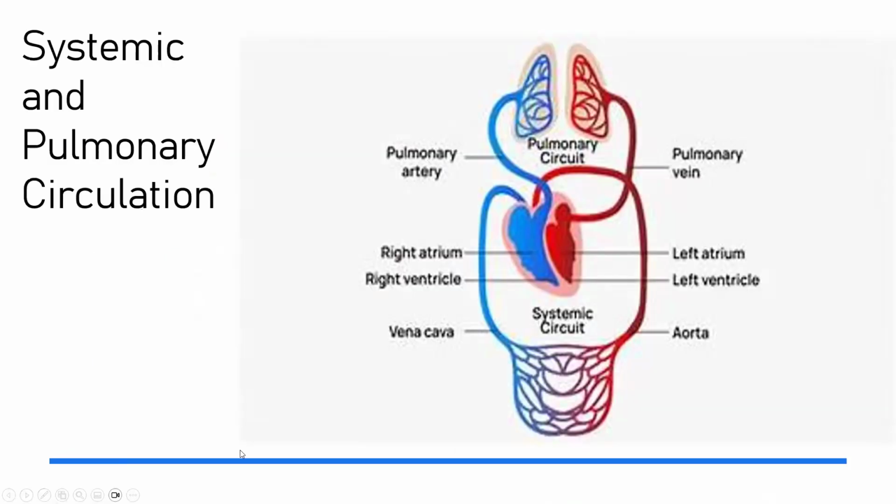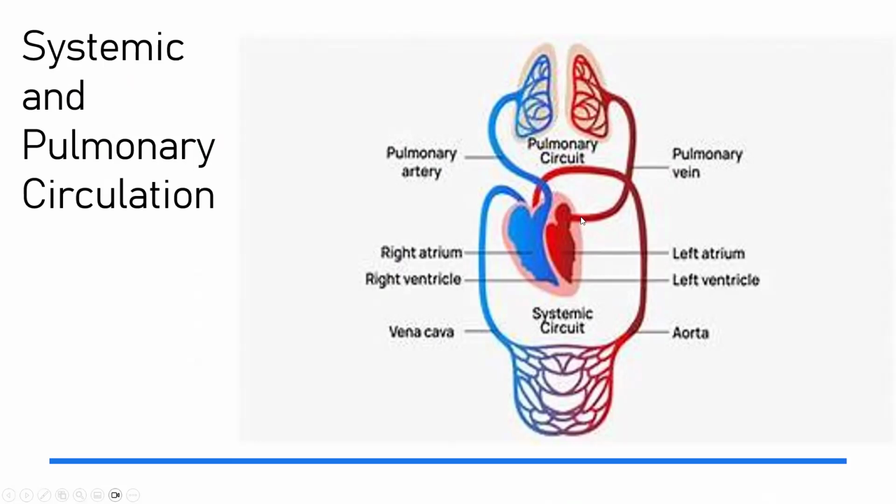All right, moving on. Here is the systemic and pulmonary circulation schematic, so to speak. Okay, so here are the lungs. Deoxygenated, oxygenated.